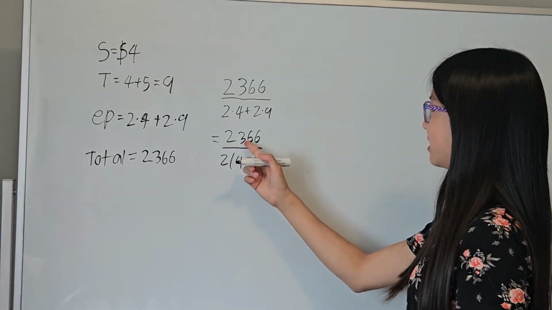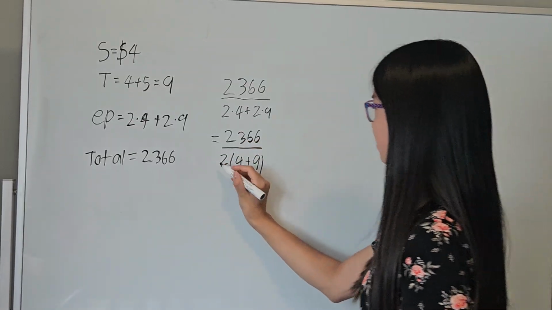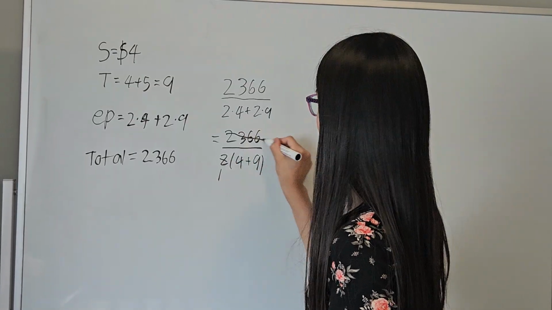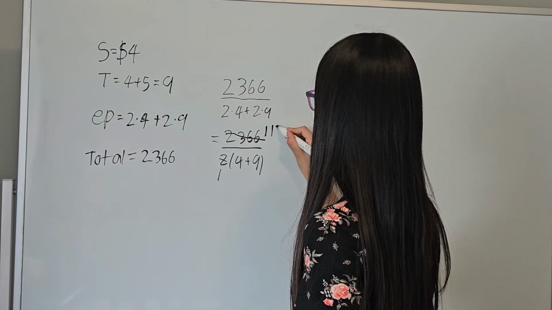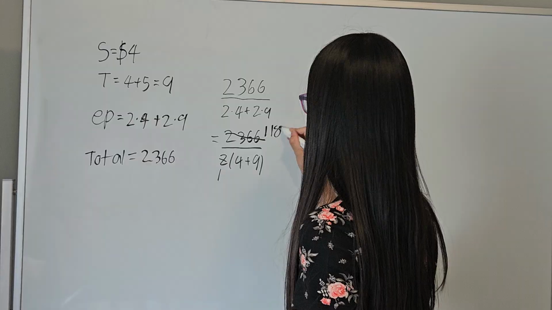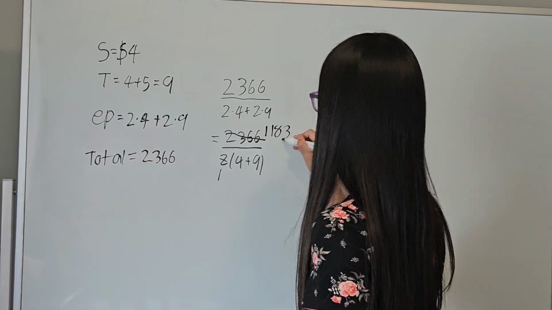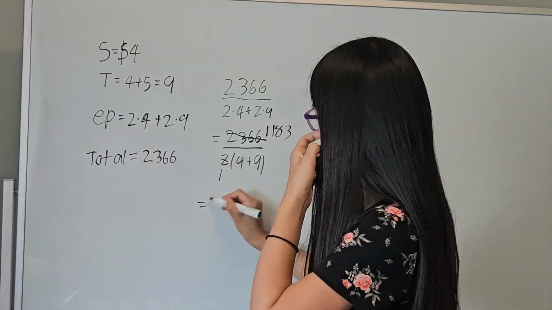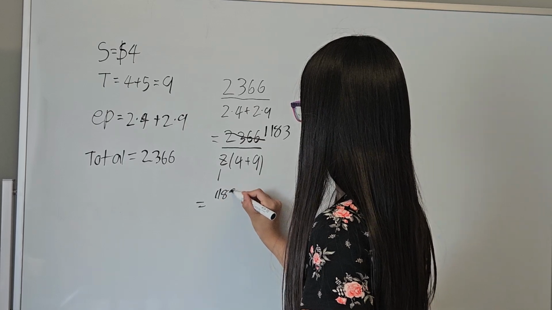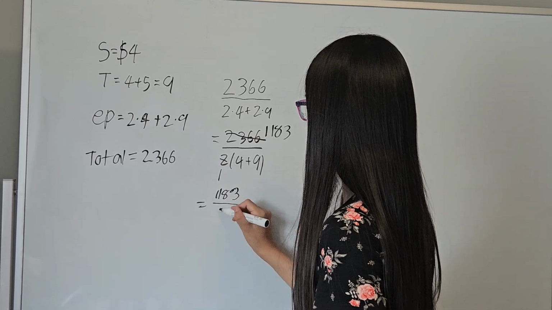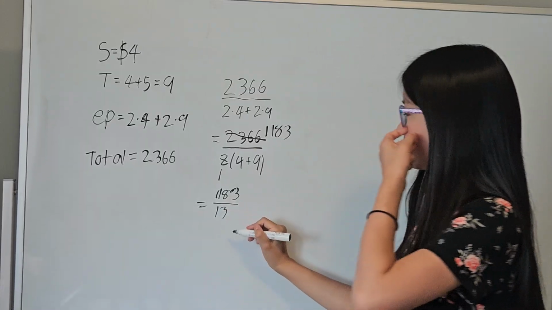And we can see that this is an even number, which means we can divide by 2. So that is 1,183, and at the end we're going to have 1,183 over 13.